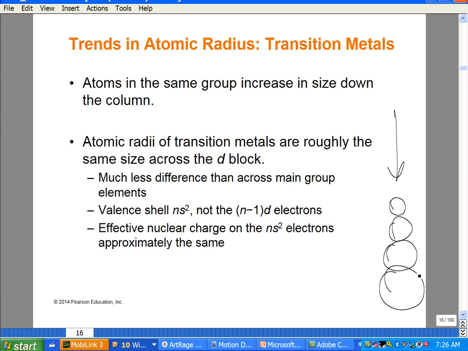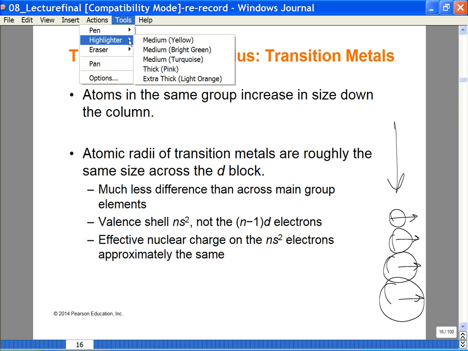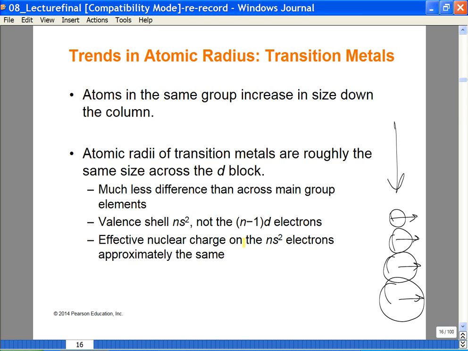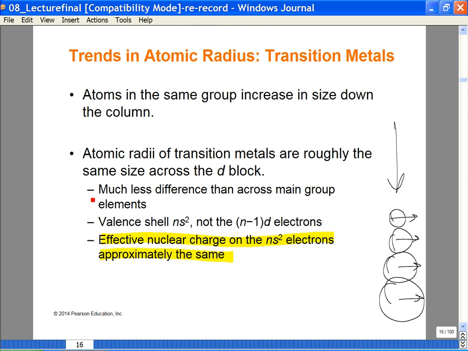But as we go across a period, for transition metals, their effective nuclear charge remains about the same. So therefore, there's not as much difference. There's a much less pronounced difference in the transition metals than across main group elements.